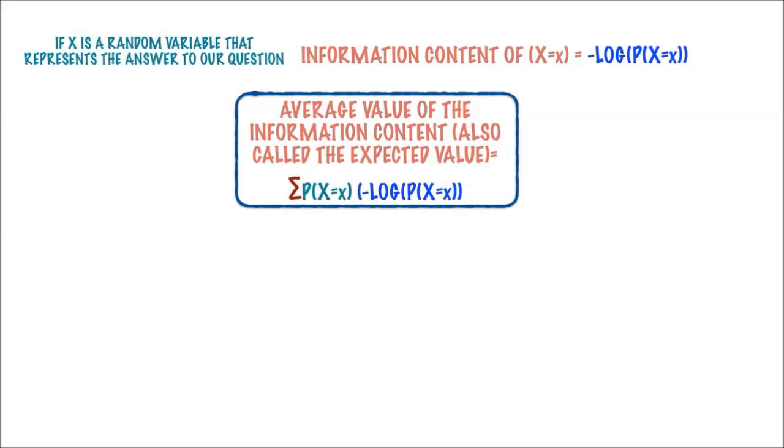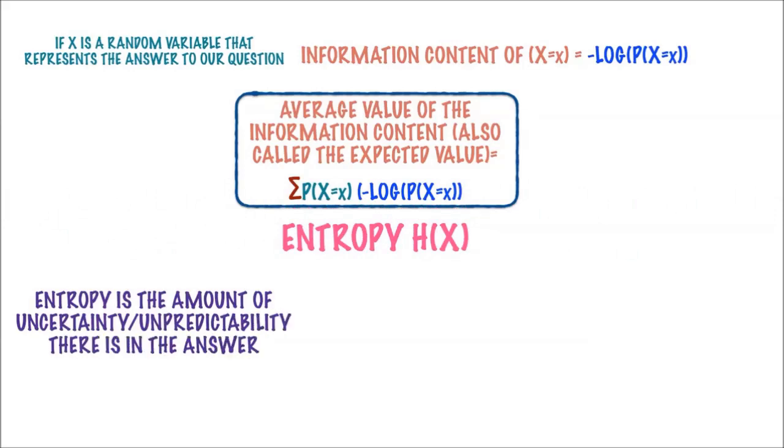For each possible answer, take the product of the probability of that answer occurring and the information content in that answer. The sum of this will give you the expected value or the average value of the information that it's possible to get from that particular question. This is the entropy and it is denoted by this notation h of x. Entropy is, once again, the amount of uncertainty or unpredictability there is in the answer to your question.